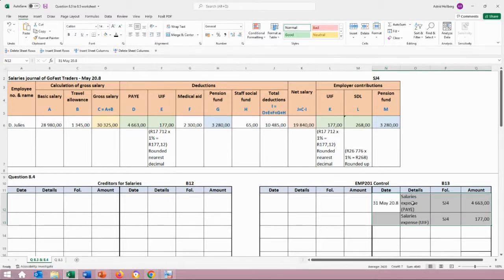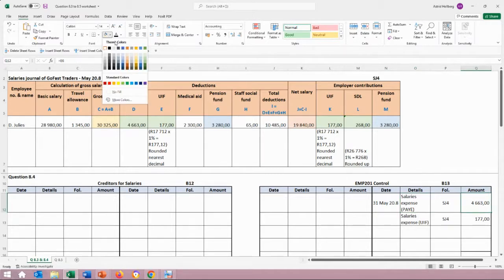Okay, so the first one is your salary expenses is your 4,663 Rand. Then also salary expenses, you put in brackets UIF is the 177. Okay, so that comes off your salary expenses.